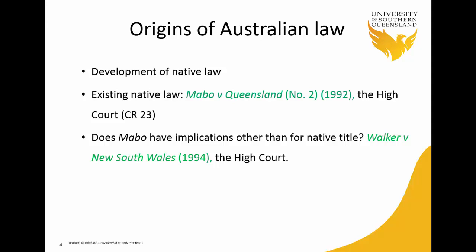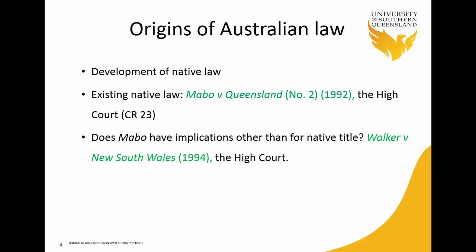Then we want to know if this decision in Mabo had any other implications. Because later on, in a case called Walker and New South Wales from 1994, 2 years after Mabo number 2, they wanted to know whether there could also be recognition not only of rights to land, but also of Aboriginal customary law in criminal cases.